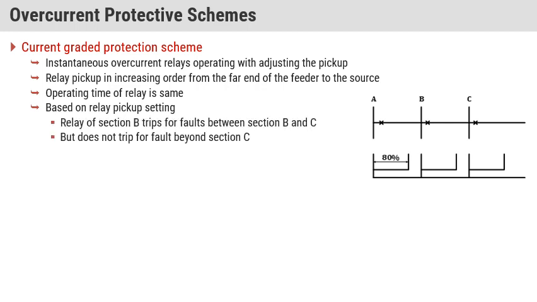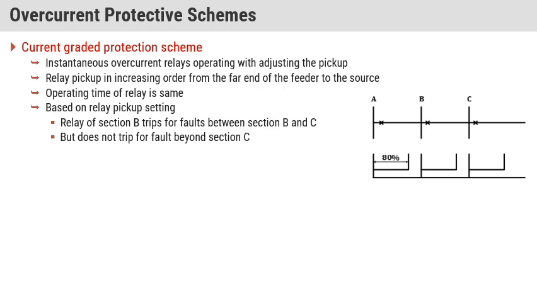The relay of section B trips for faults between section B and C, but does not trip for a fault beyond section C. If the fault is present beyond section C, it will not operate.